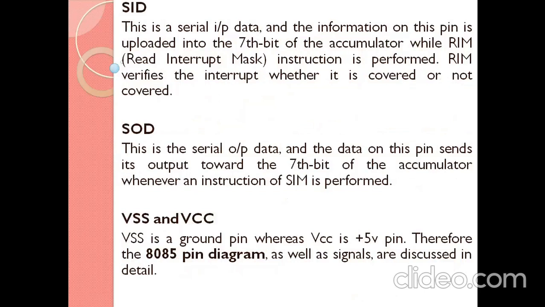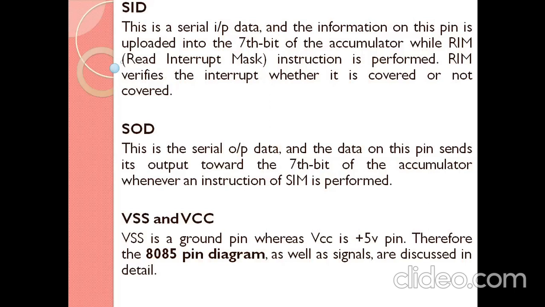Next one is serial input data and serial output data. What is meant by serial input data? From the input device, the information is transferred to the microprocessor, and the data transfer takes place bit by bit.